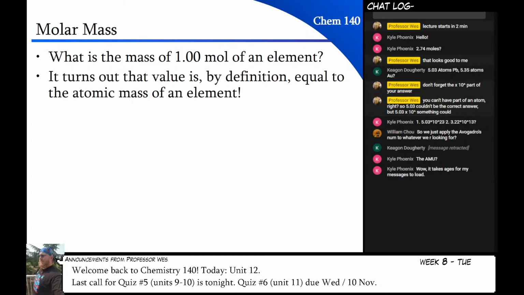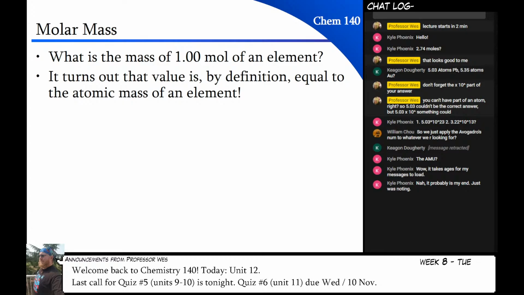So, 1 mole of any substance is equal to the mass on the periodic table for that substance. So if you wanted 1 mole of sodium, you would have to weigh out 22.990 grams of it, because that is the number of grams per mole by definition.